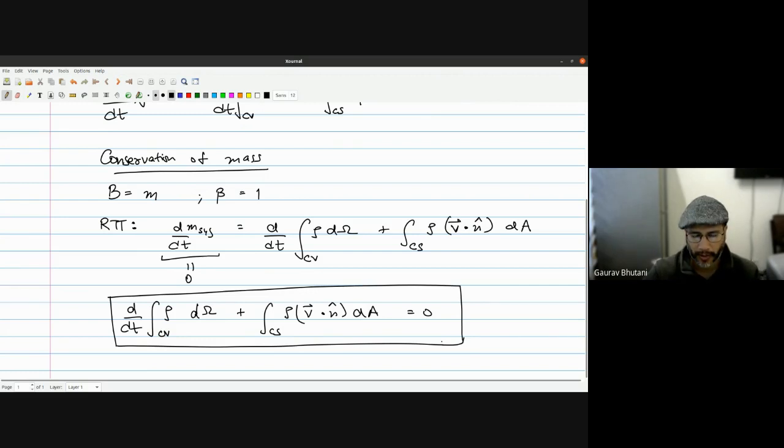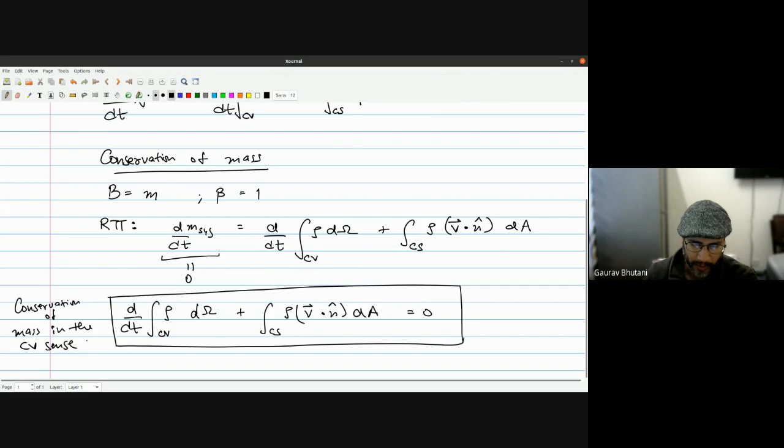So this is the conservation of mass in the control volume sense. Conservation of mass in the system sense is that the mass of a collection of molecules, or the mass of a collection of particles, does not change with time. It's conserved. In a control volume sense, this is how we write the conservation of mass equation.